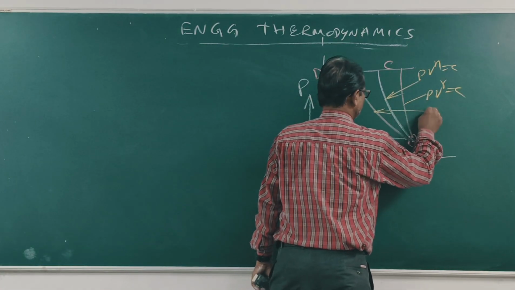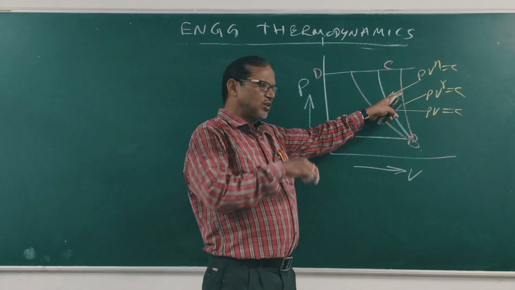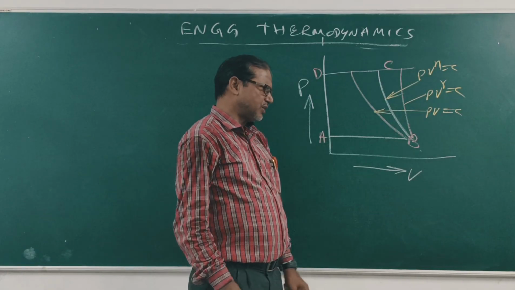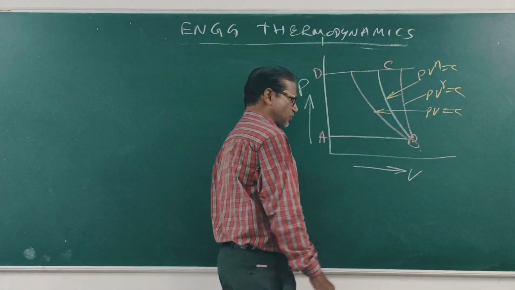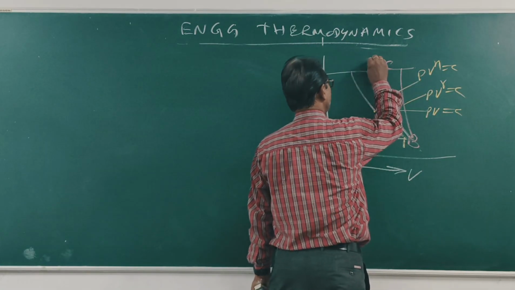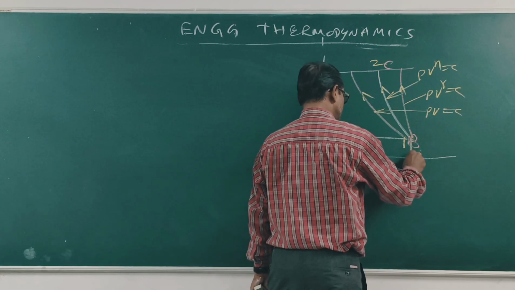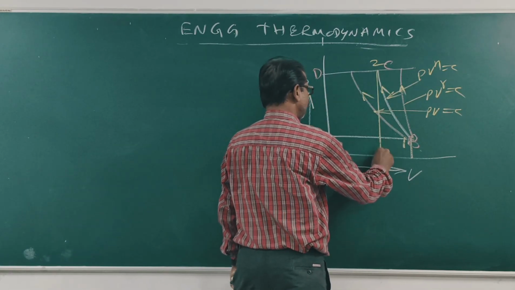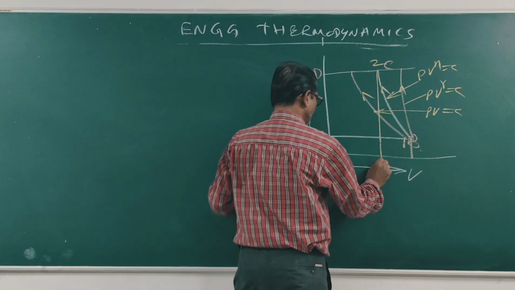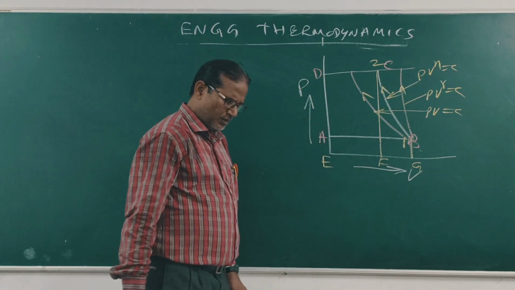Three processes: isothermal process, polytropic process, adiabatic process. A, B, C, D, E, F, G. Right?